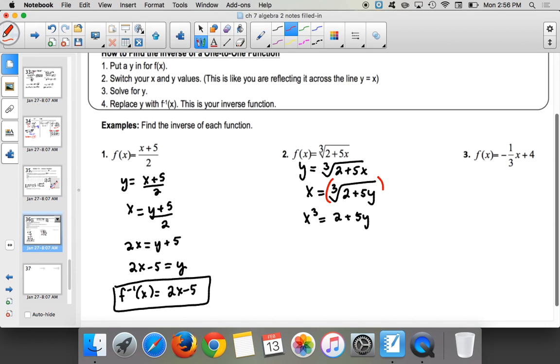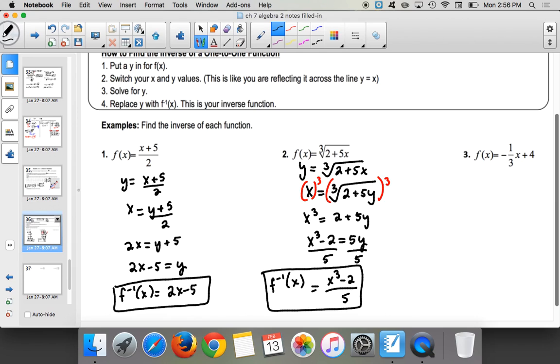I raised each side to the 3. Subtract the 2 over, and divide by 5. So that's our y equals (x cubed minus 2) over 5. Instead of writing y equals, I'm going to write it as f inverse of x, like that.